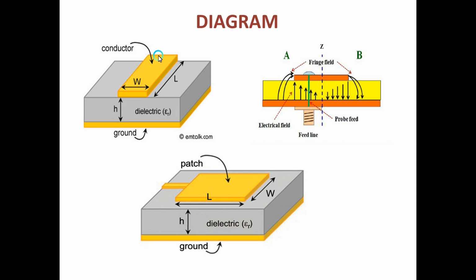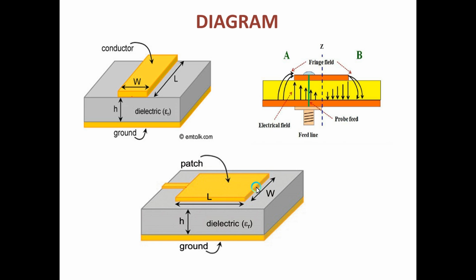See here, this transmission line is not an antenna. Here it is only transmitting the energy from one end to another end. But in this figure, we have to increase the length and width of the transmission line from this point to this point, so that the transmission line is called a patch.